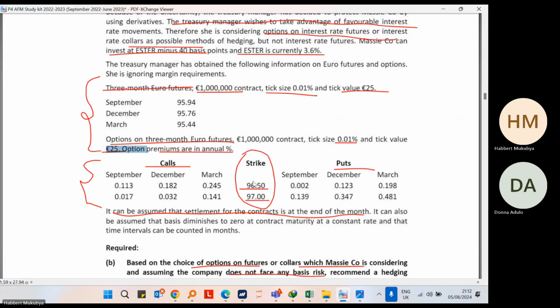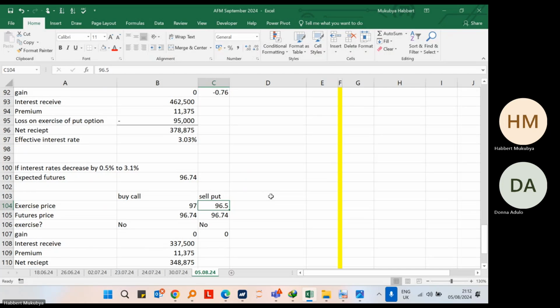Wait, the exercise price for the buy, when you buy the call option, it's 97, and when you sell it's 96.5.